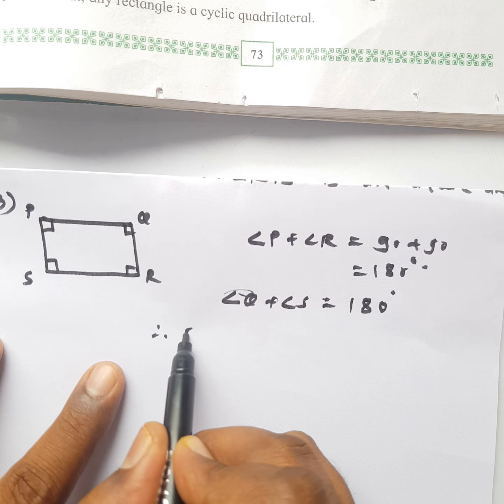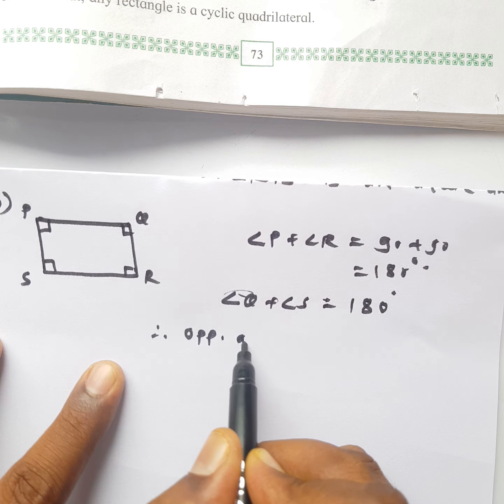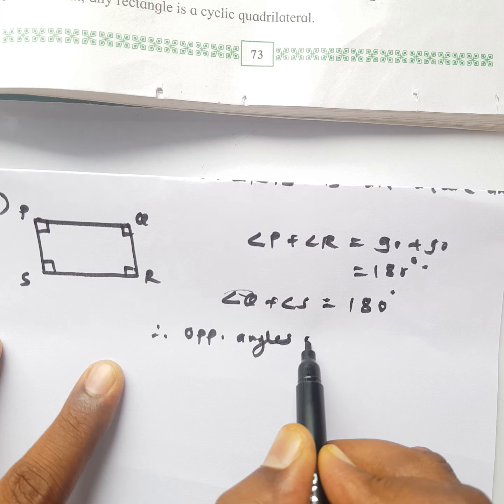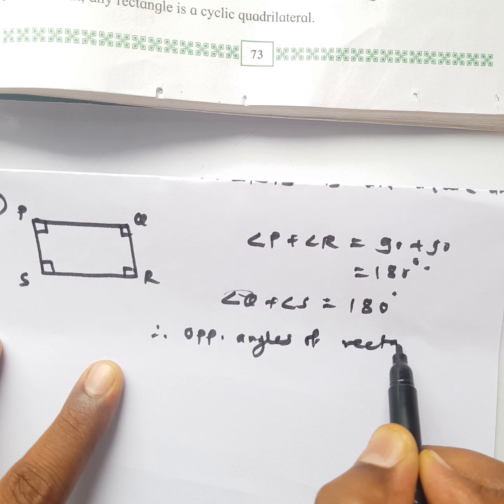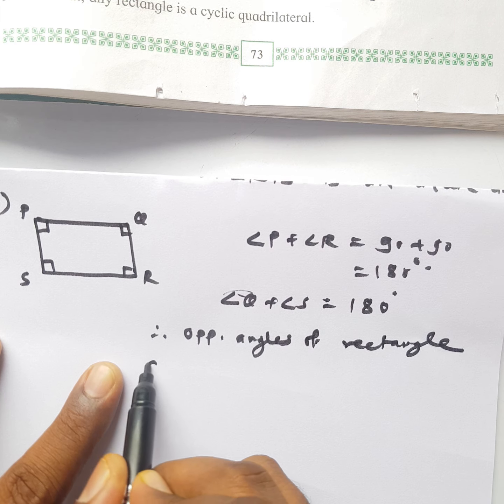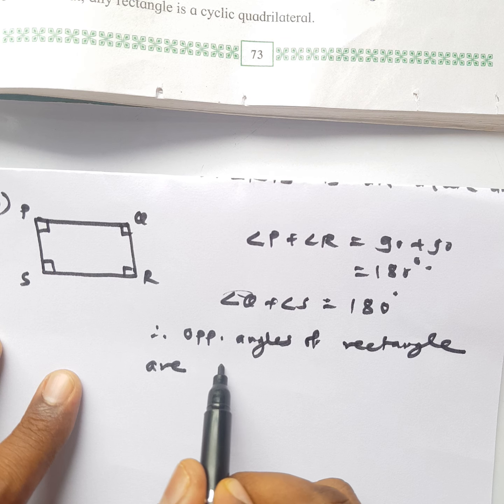Means opposite angles of a rectangle are supplementary.